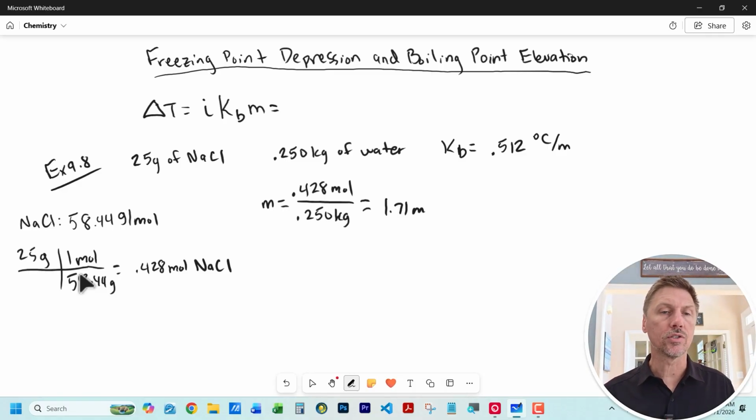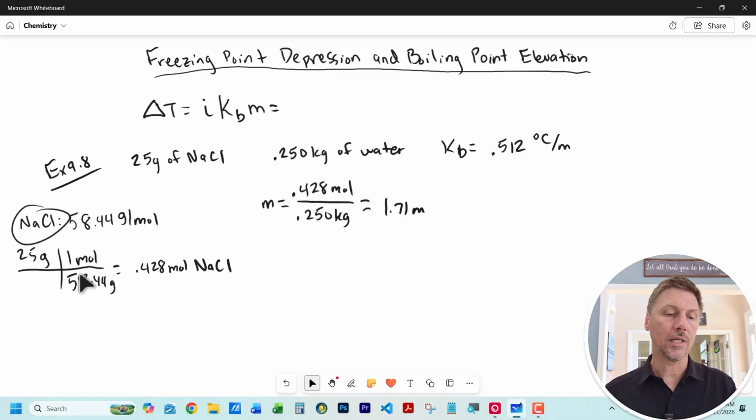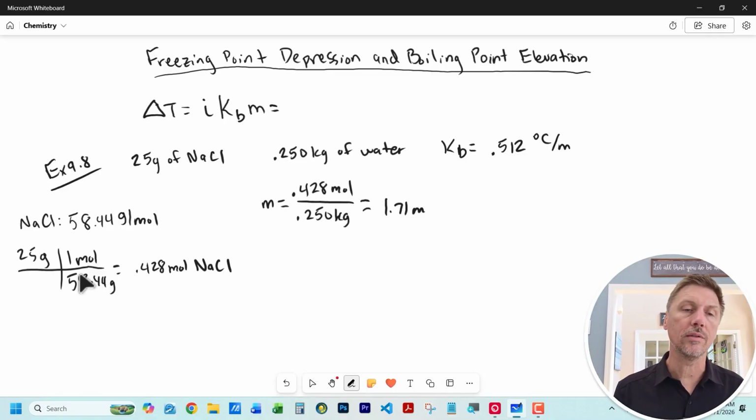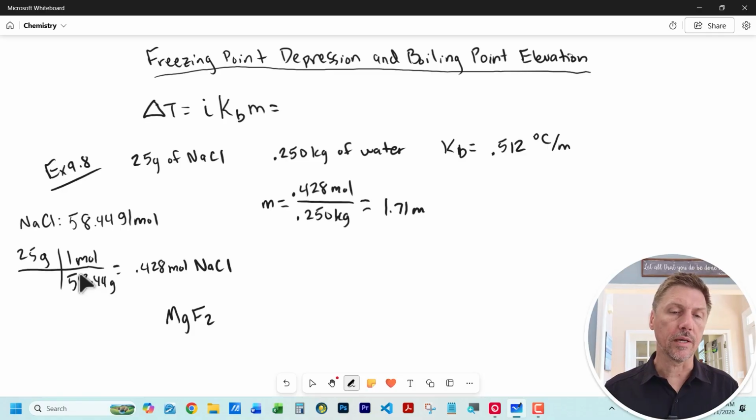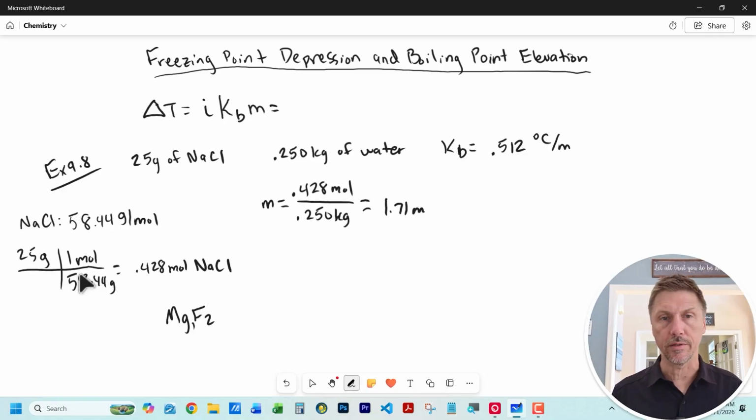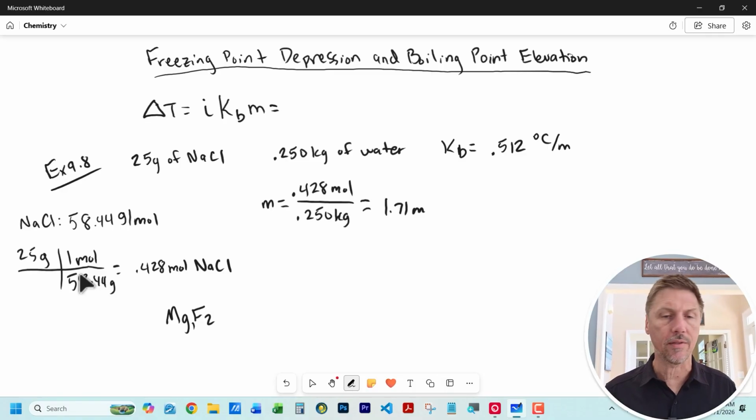Now, how many ions do we have this time? Like we saw previously, NaCl, there are only 2 ions there. If you had something like MgF2, there would be 3, because you have a little 1 here and you have a 2 here, so 1 plus 2 is 3. As long as it's an ionic compound, you just add those up.